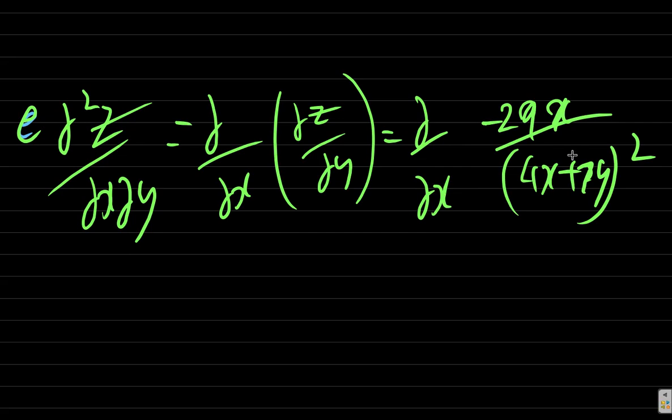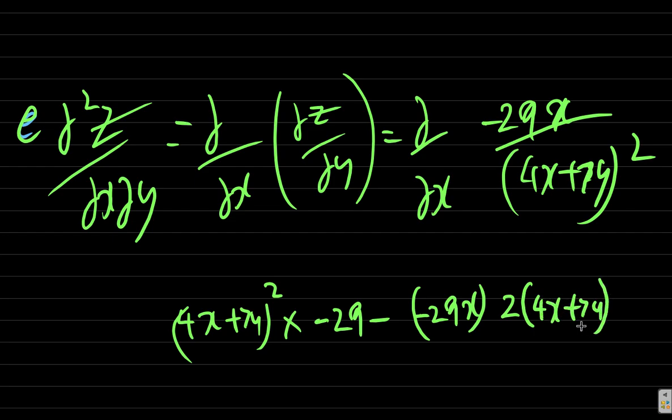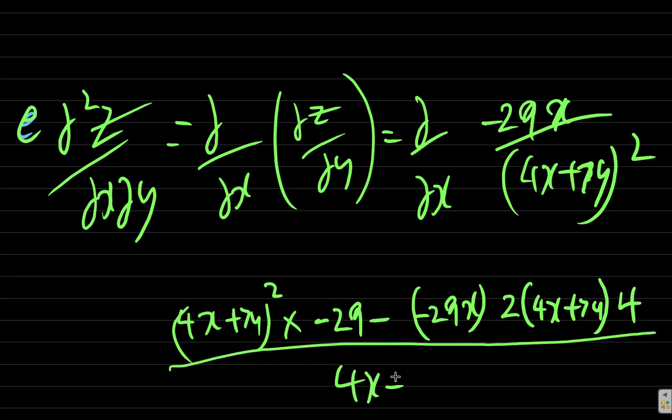So if you differentiate this with respect to x, you hold the bottom, the 4x plus 7y squared as it is, times differentiate the top with respect to x, you get negative 29, minus hold the top, negative 29x, times differentiate the bottom with respect to x, you get 2 by 4x plus 7y times 4, all over 4x plus 7y to the power of 4.